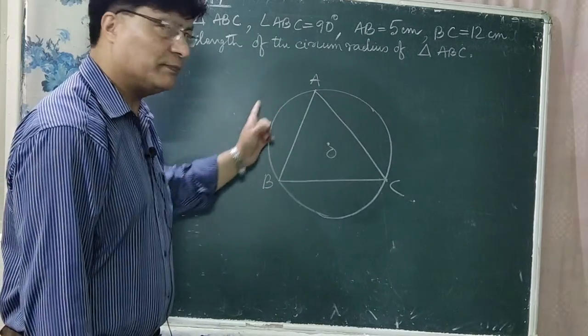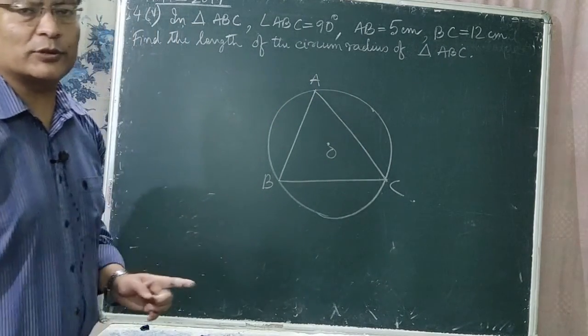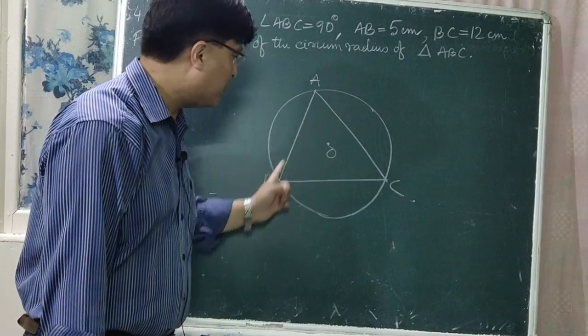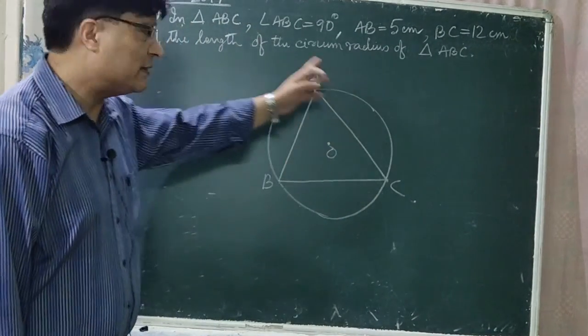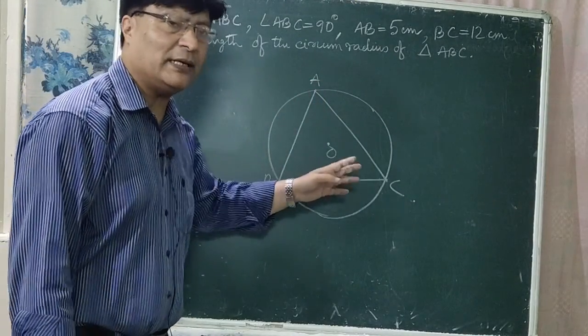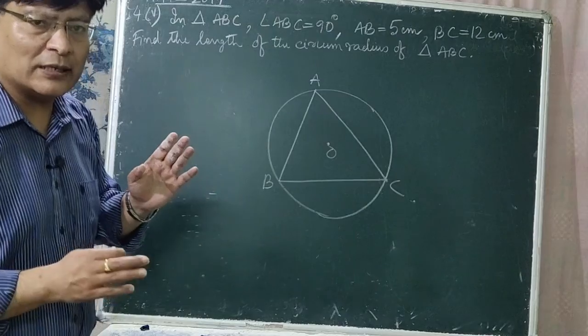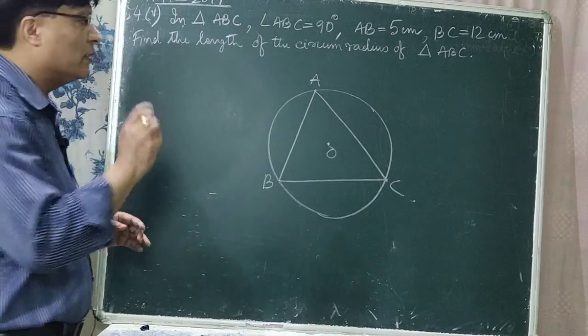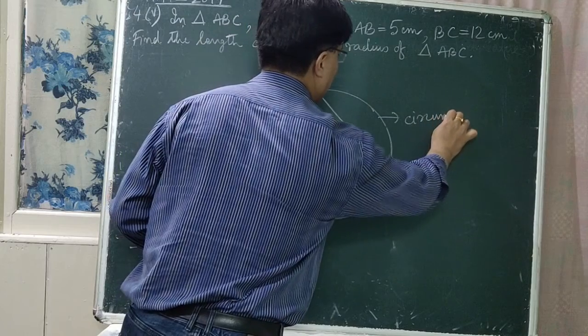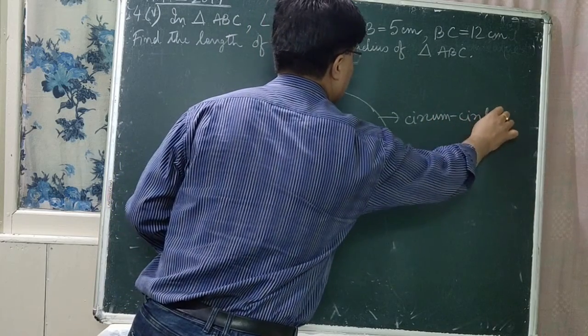And the circle passes through the three vertices of the triangle ABC. That is, the circle is outside the triangle and this circle is known as circumcircle.